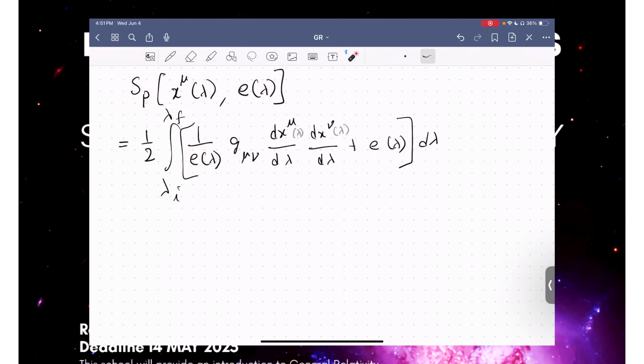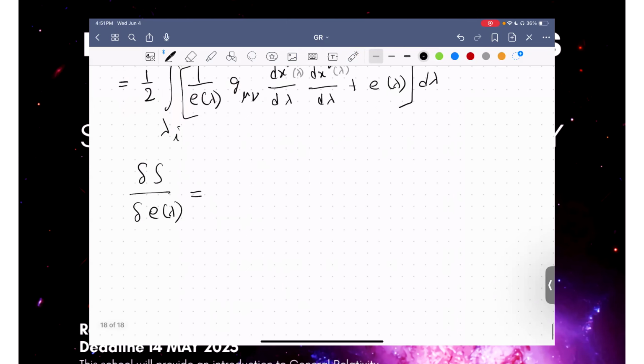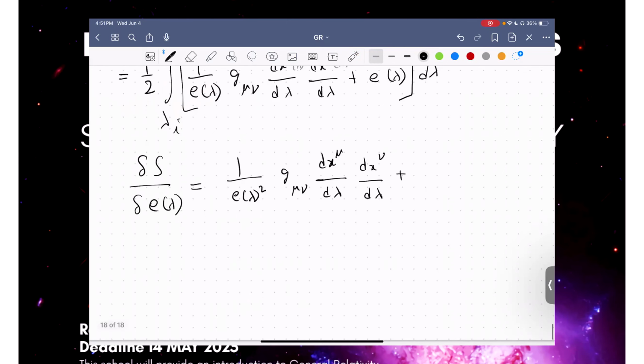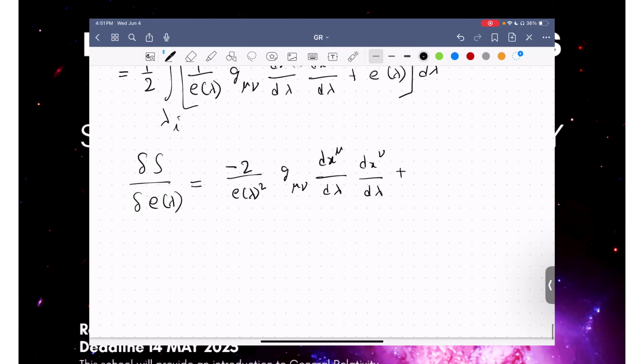So what happens if I extremize this with respect to e? So suppose I take the functional derivative with respect to e, and if you know how to take functional derivatives, you will readily notice that this is nothing but this.